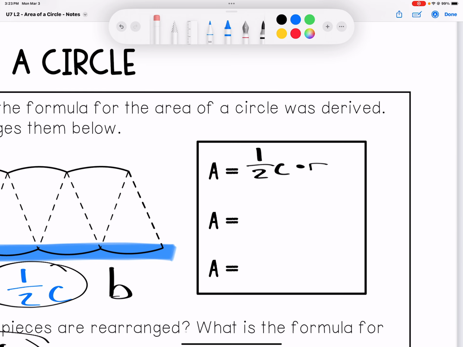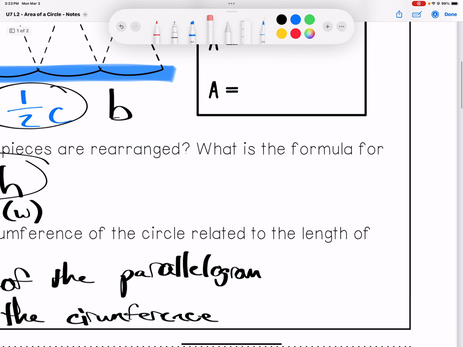I'm going to have more room to write, so let's find a place. Half times the radius. I'm running out of room still. Boy, where can I write this? All right, right here. Here we go.